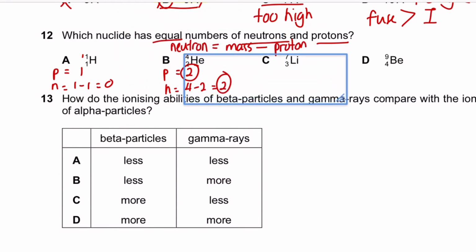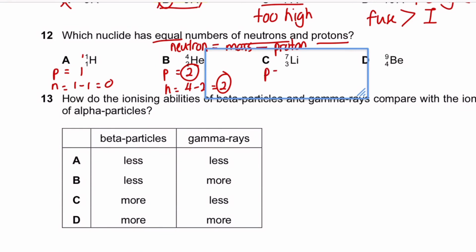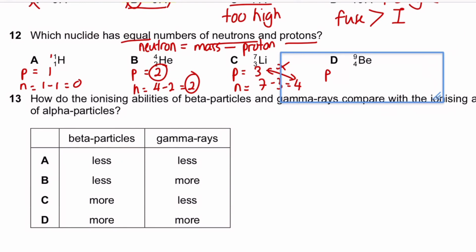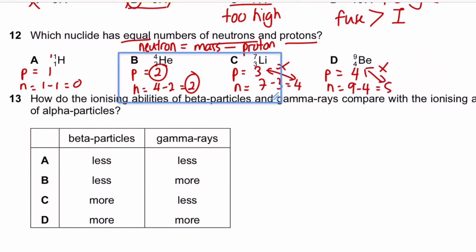But let us be sure. Okay, let us go to option C. P here is 3, whereas N is 7 minus 3, which is 4. Not the same. In option D, proton here is 4, neutron here is 9 minus 4, which is 5. Again, not the same. So the correct option is B, which is the helium.